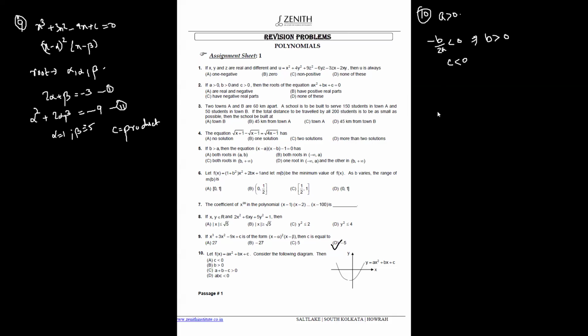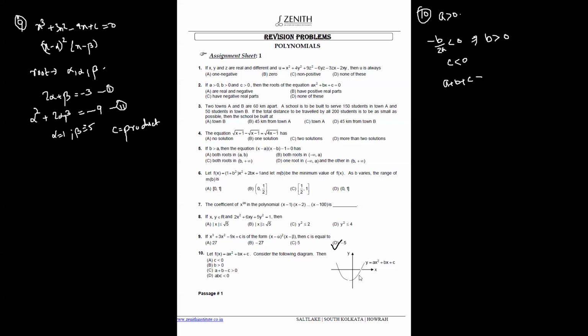Okay, A plus B minus C is positive. A plus B plus C is f of 1.